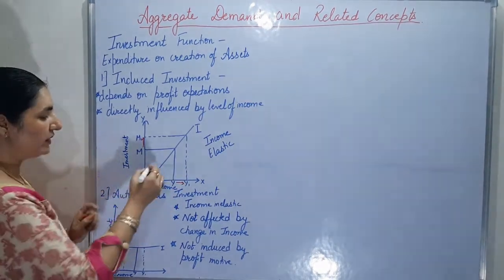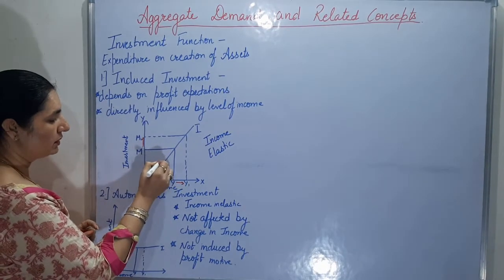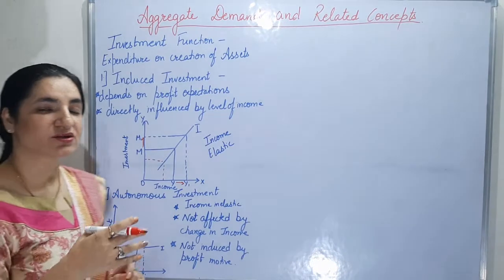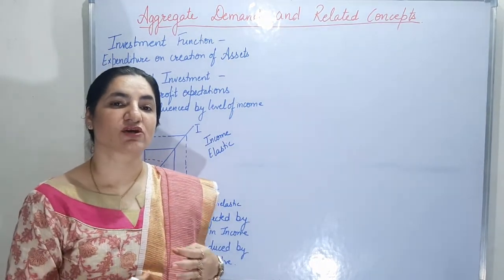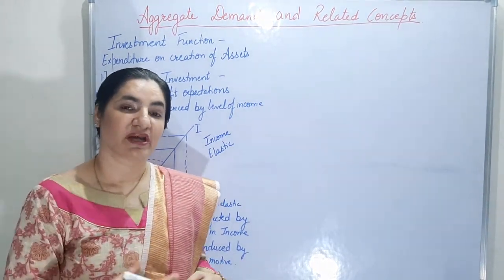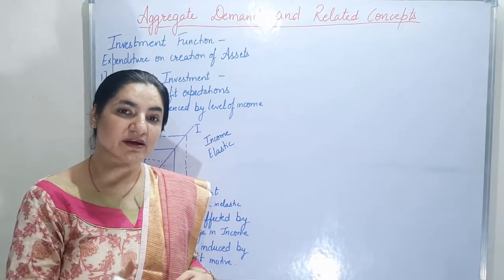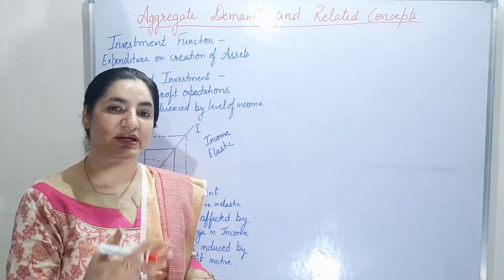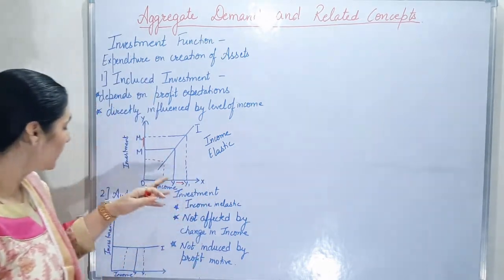If income decreases, investment may also decrease theoretically, but practically it is not possible because technology keeps on becoming higher. It keeps on going to the development part, but it never comes down.